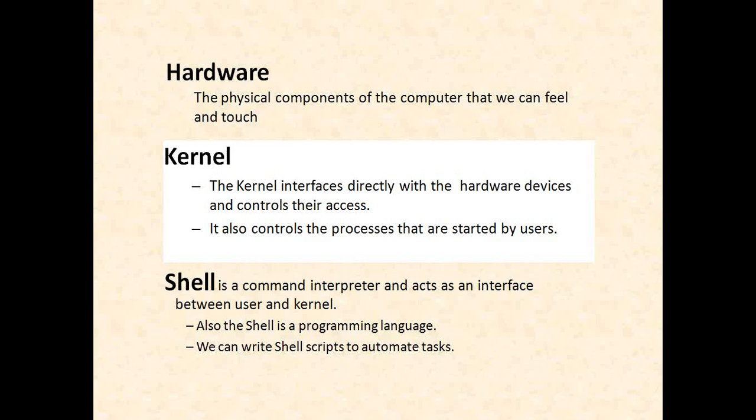How does the operating system know whether to activate both devices or only one device? That is because of the kernel. The kernel takes care of all those things, like activating a particular device or a particular hardware component of the server.